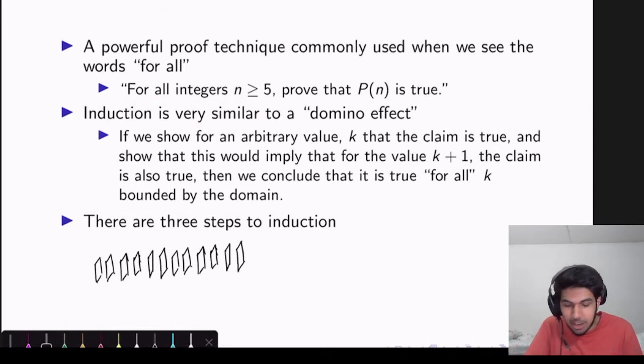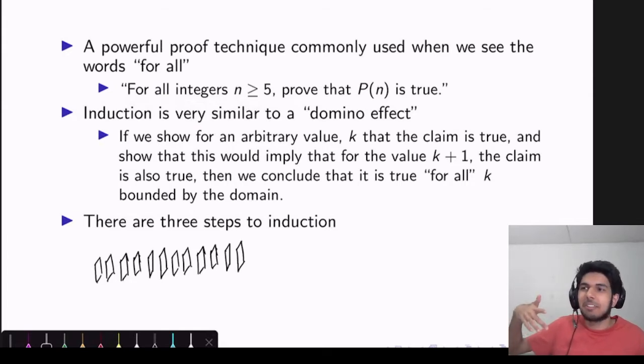But if I just say for all positive integers, in this case n greater than or equal to 5, that's 5, 6, 7, 8, 1 billion, 1 trillion. It never stops. That's where induction is going to come in handy, where we don't have to be doing casework till the end of time.